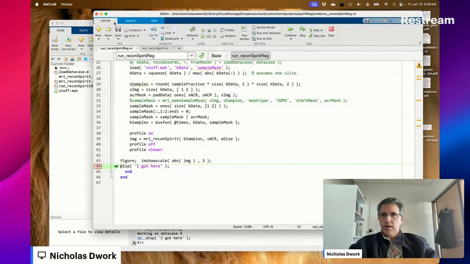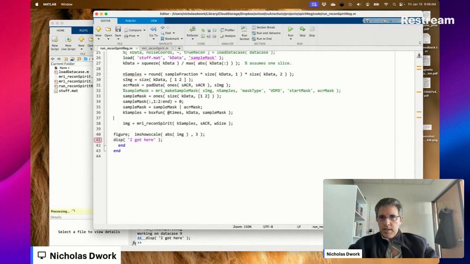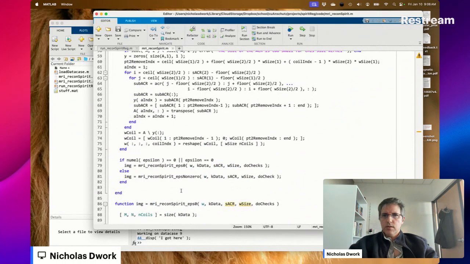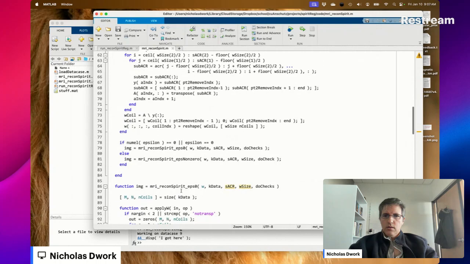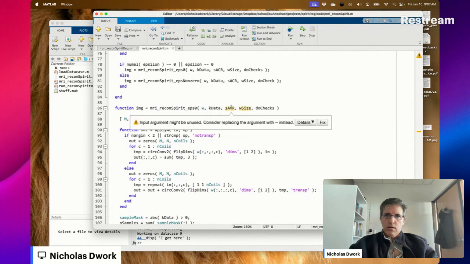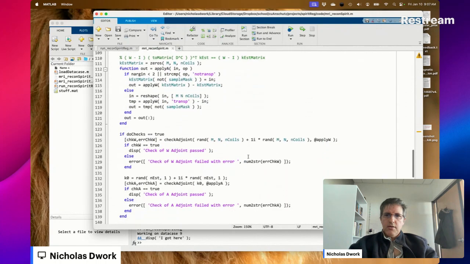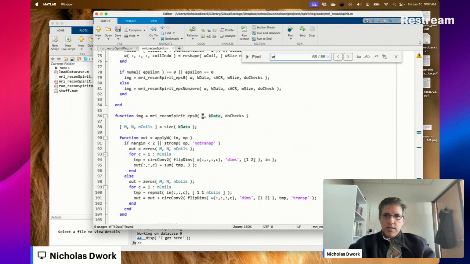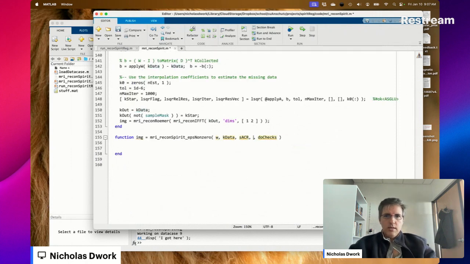Okay, we're still doing this profiler stuff, and we're not worried about making things super fast right now. We're just worried about making things work. This doesn't use the size of the ACR at all. It doesn't use W size at all. Why would it? Because W size gets passed in.